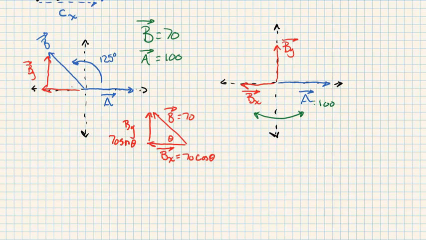Well, what is theta? We know that if we go all the way from A all the way over, this has to be 180. And going this far is 125. That means that our theta inside there has to be 55 degrees.